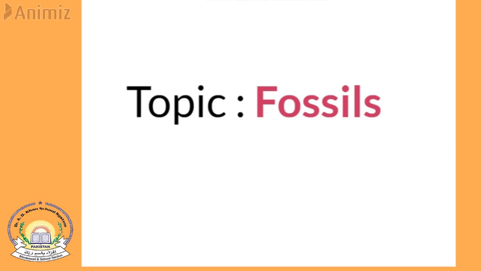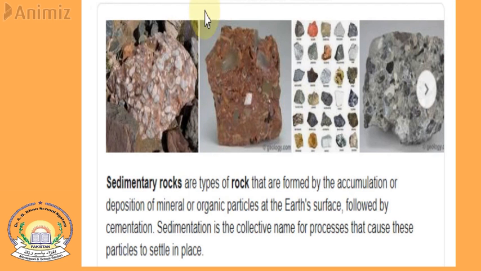So fossils are commonly found in sedimentary rocks. These are examples of sedimentary rocks. So what are sedimentary rocks? Sedimentary rocks are the types of rock that are formed by the accumulation or deposition of mineral or organic particles at the earth's surface, followed by sedimentation. Sedimentation is the collective name for processes that cause these particles to settle in place.